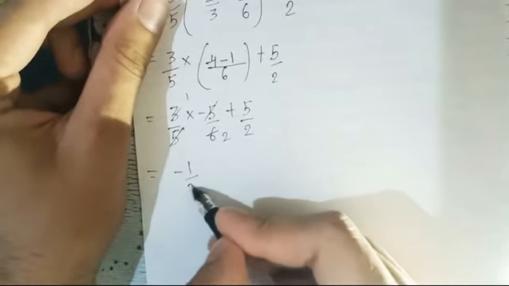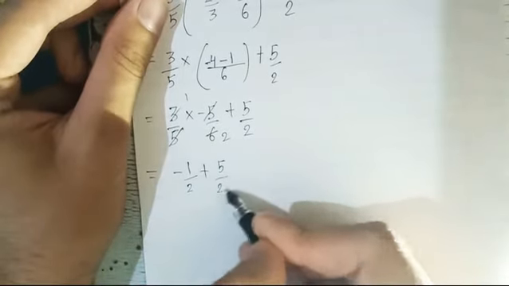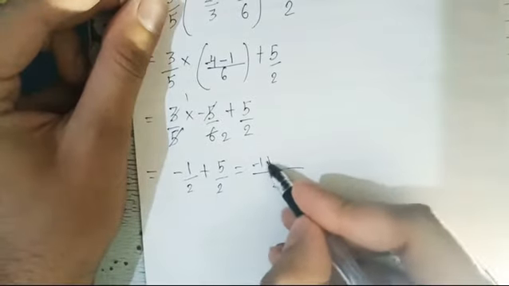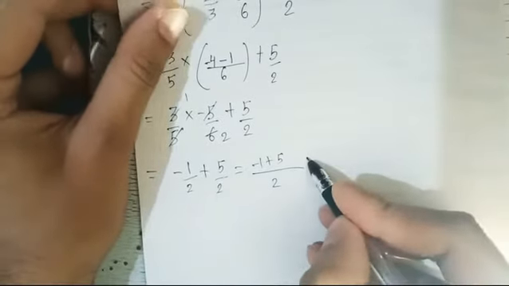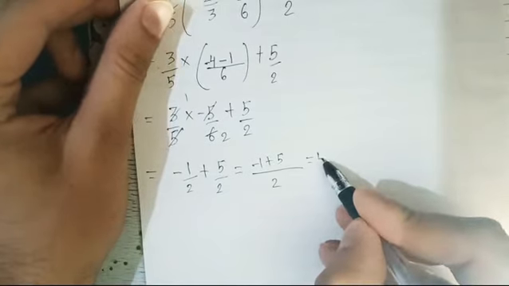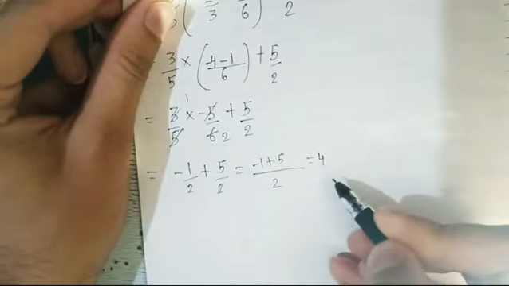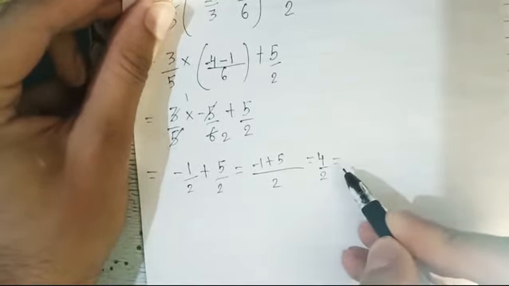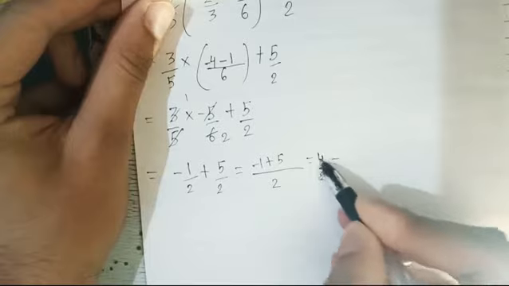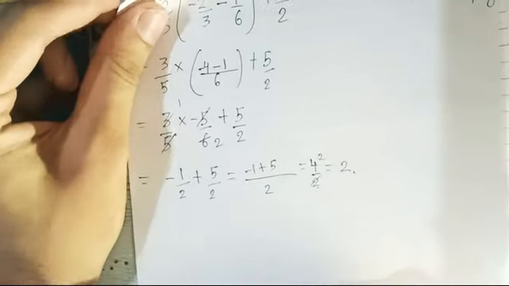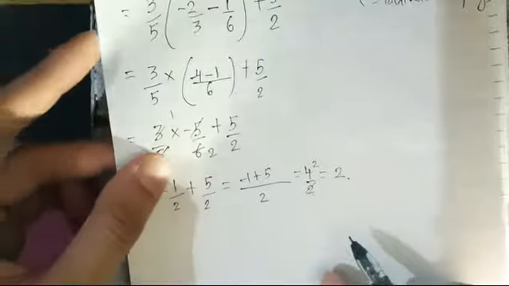Minus 1 upon 2 plus 5 upon 2. 2 is taken as LCM, and here minus 1 plus 5, that means 5 minus 1 is 4, whole upon 2. Okay, and 2 will divide 4 how many times? 2 times. So answer will be 2. Okay, 2 will be the answer.